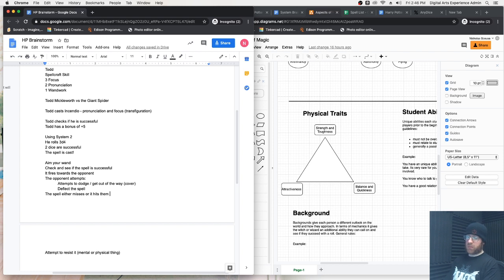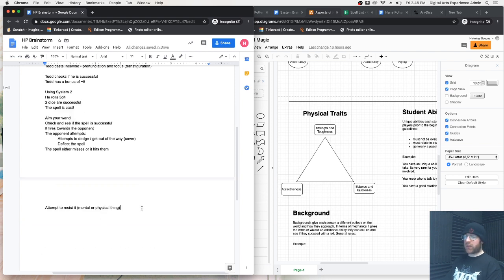Because obviously if it misses them, then combat, or at least that particular turn of combat, is done. And then it goes over to the other person, or it hits them. So assuming it hits them, they attempt to resist it mentally or physically, depending on if it does damage or whatnot. And then if they fail, they either take damage or fall under the spell.